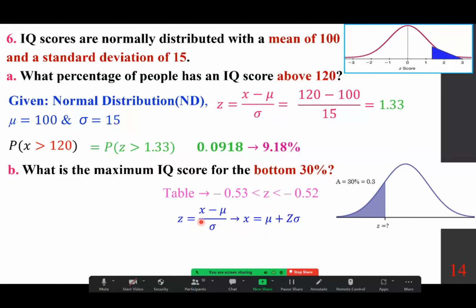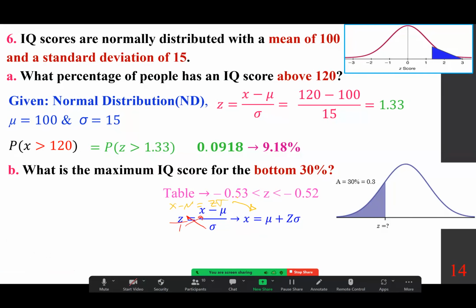I hope everybody can see this is elementary algebra. If I do the cross product here, I can find x equals mu plus z sigma.